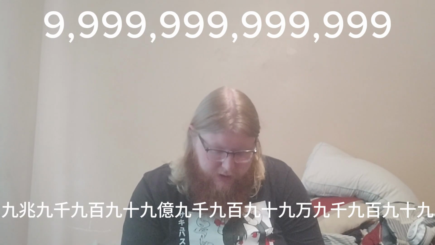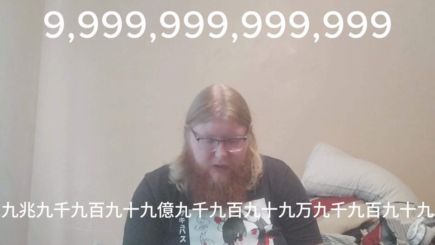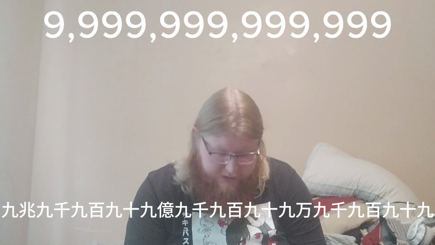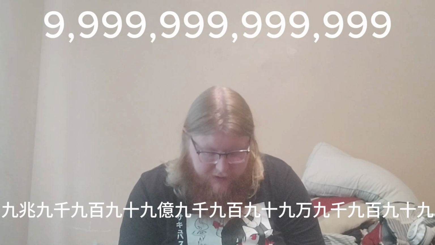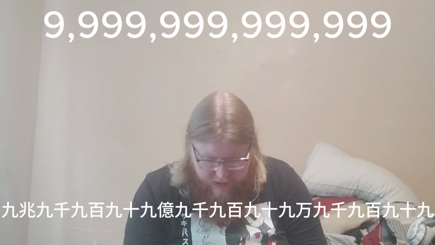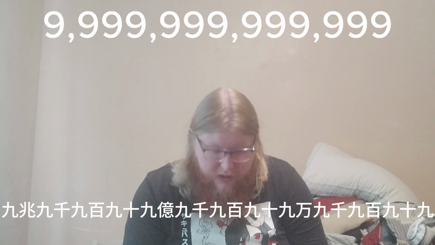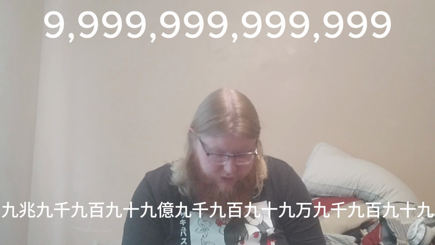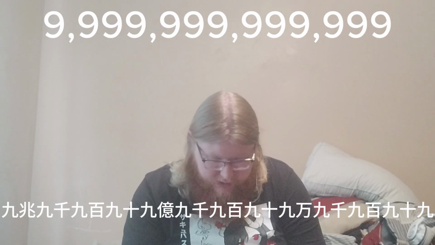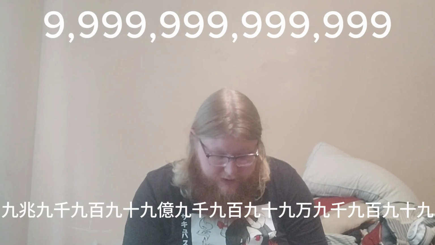So we can add in our nice friend Ju, and then for the hundreds next door, we can then add our friend Hyaku, and then for the friend next door, we can add in that sen, and then we can add next to that our friend man, and next to that we can add in the next Ju, and then next to that we can add another hyaku and another sen next to that, and then we can add in our oku.